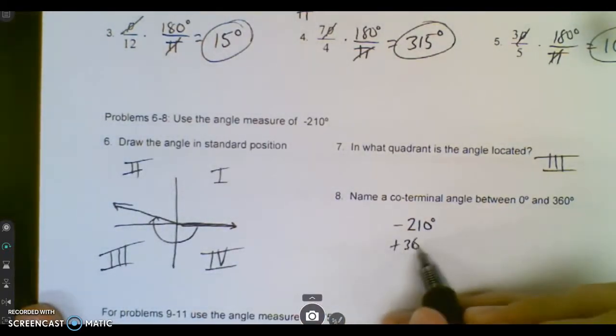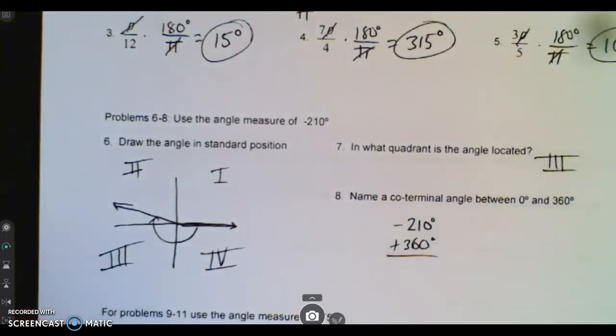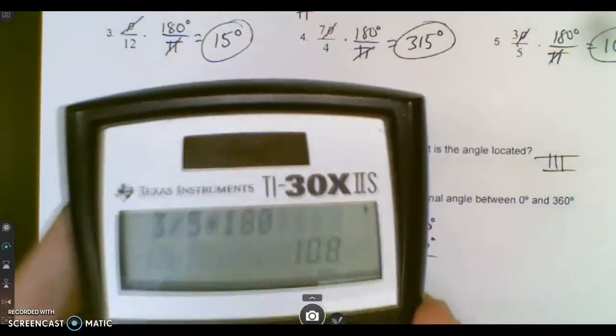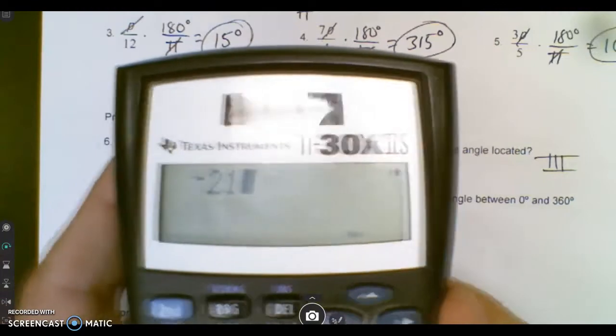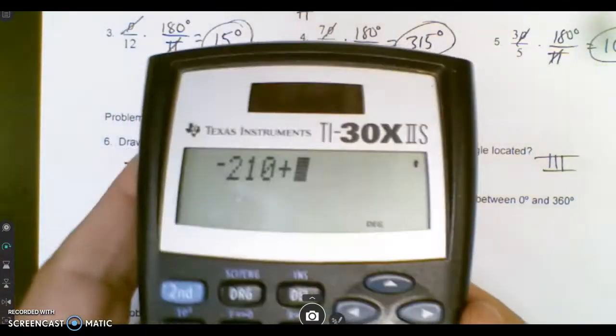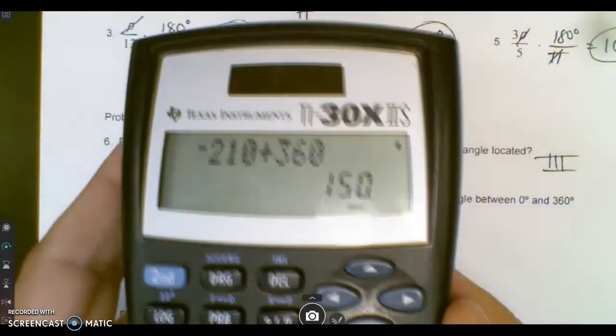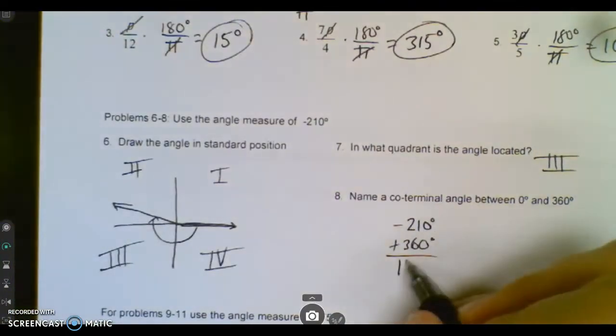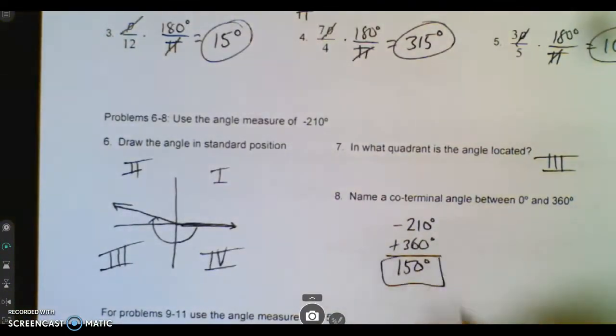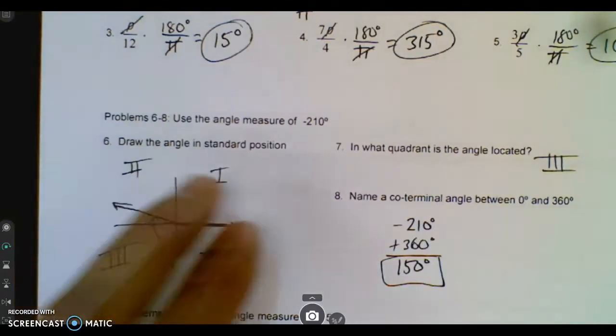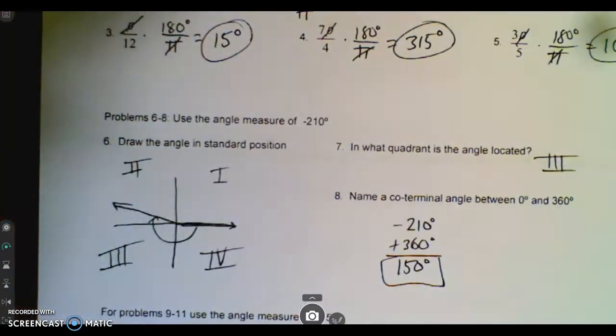With these, you're either adding 360 a bunch of times or subtracting 360. So if I take negative 210 plus 360, I get a 150 degree angle. That lands in the same spot, but goes there the forward way instead of the backward way.